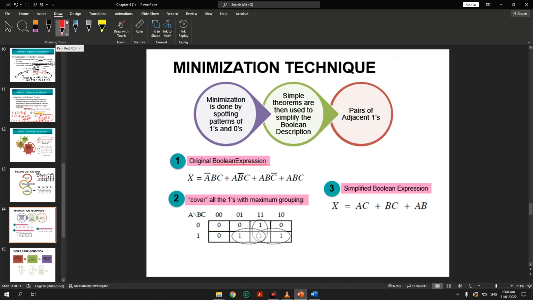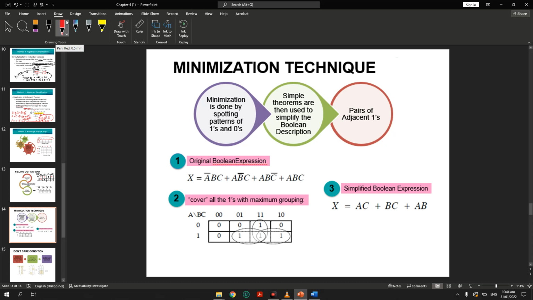So we have here the minimization techniques. The minimization is done by spotting patterns of ones and zeros. Depending on whether you will be using the SOP or the POS expression in your derived solution, if you want your answer to be in SOP, you use the ones.